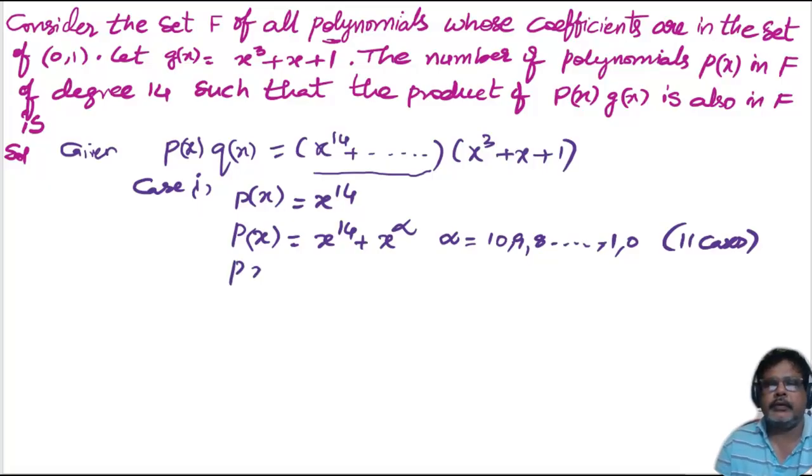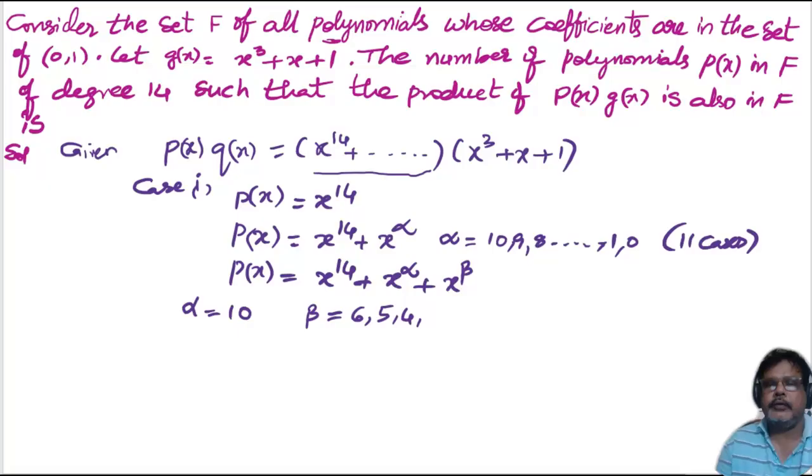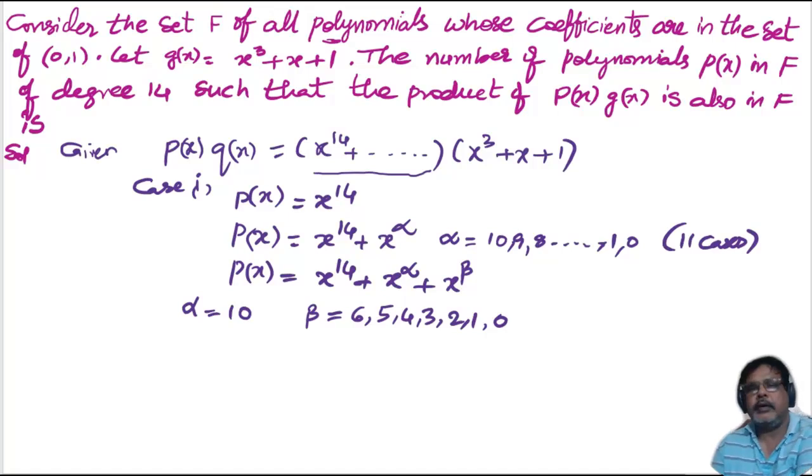If P(x) is equal to x to the power of 14 plus x power alpha plus x power beta, then what will you get? So here we have some conditions. If alpha is 10, then beta will be 6, 4, 3, 2, 1, 0.